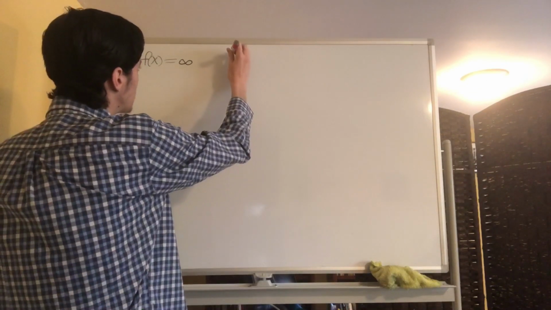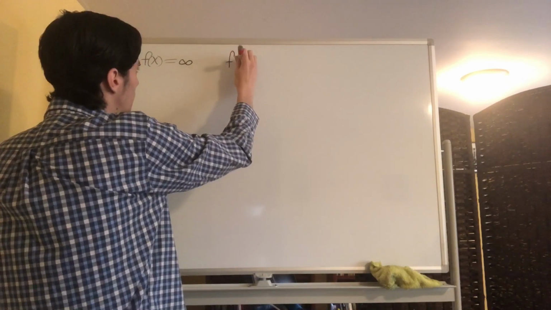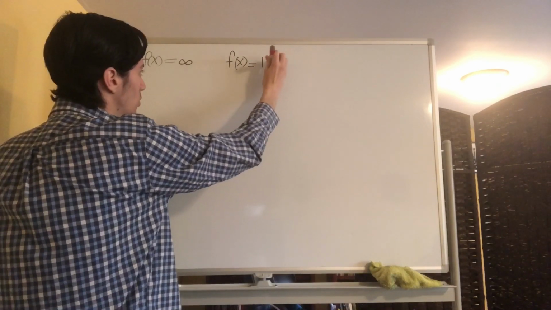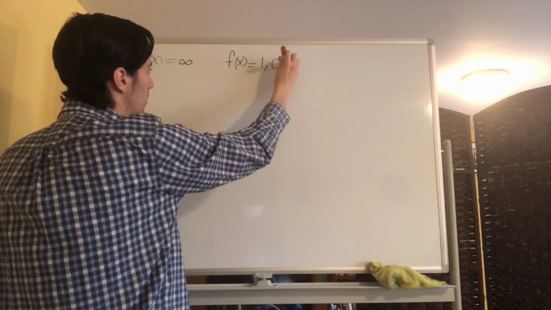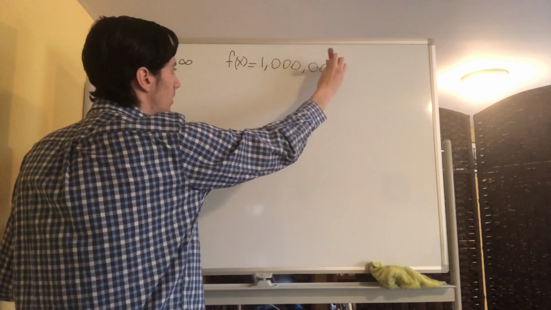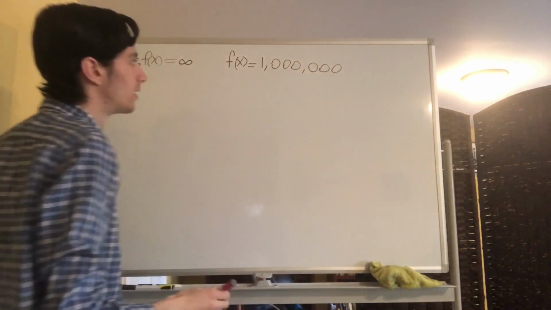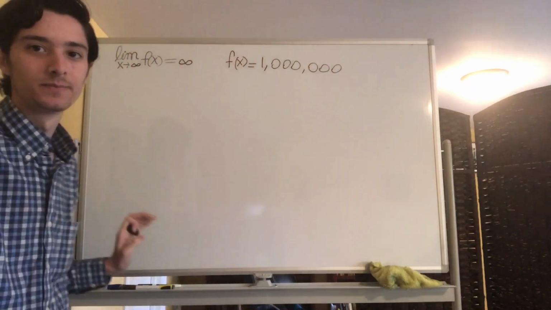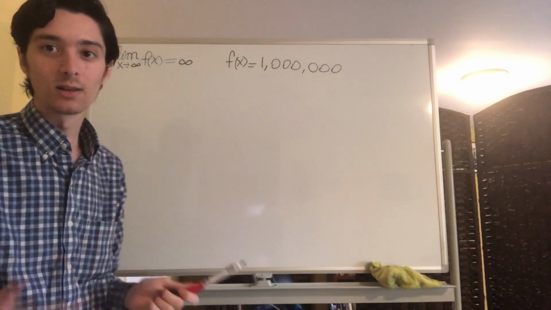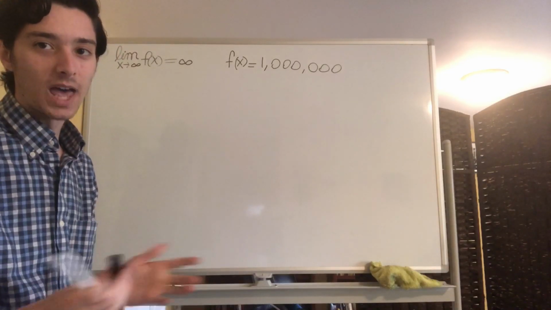But let's take an example of a function. f of x equals 1 million. If x is large, f of x equals 1 million.